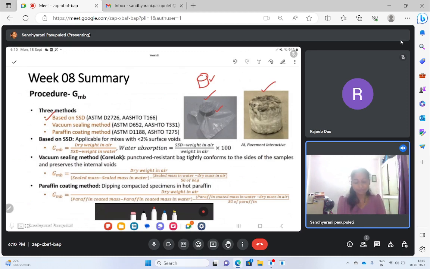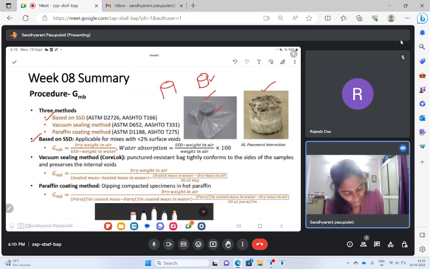The difference is, in the SSD based method, for dense graded mixes the surface would be smoother compared to gap graded mixes. So when I dip that specimen into the water, because I need the weight in water of that specimen, there is very little chance that water would enter the pores of the specimen.